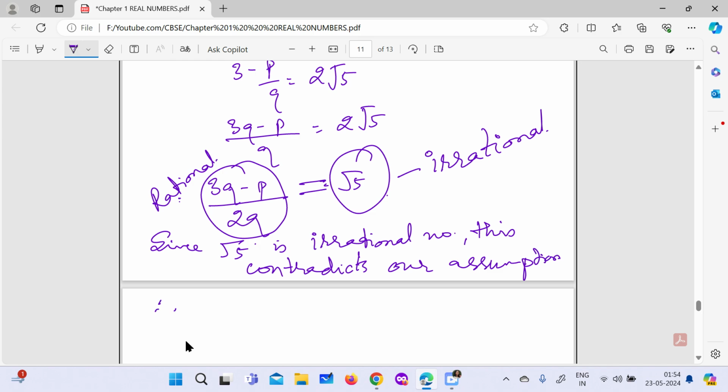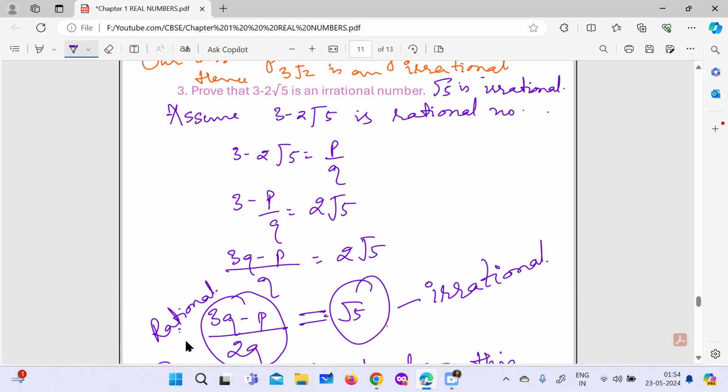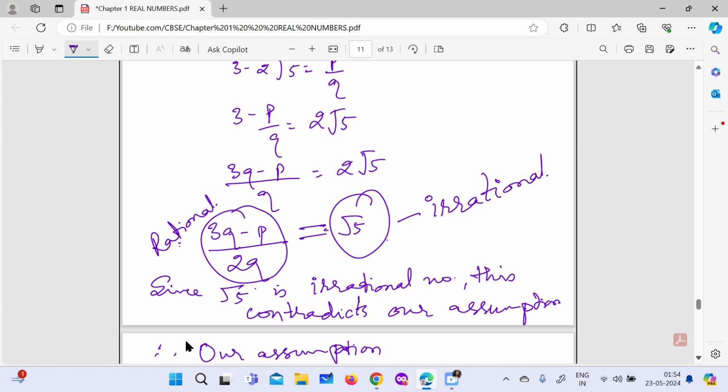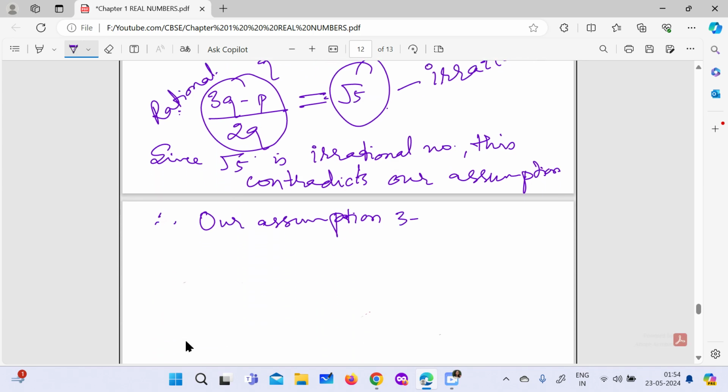Therefore, our assumption that 3 minus 2 root 5 is a rational number is incorrect.